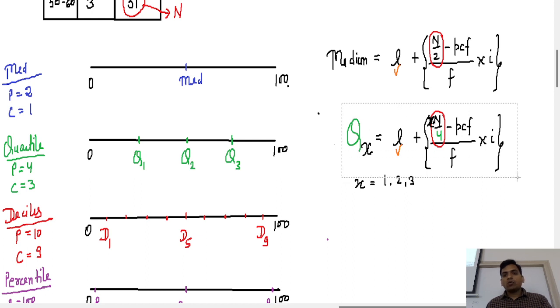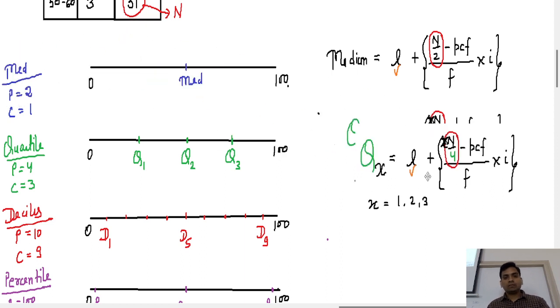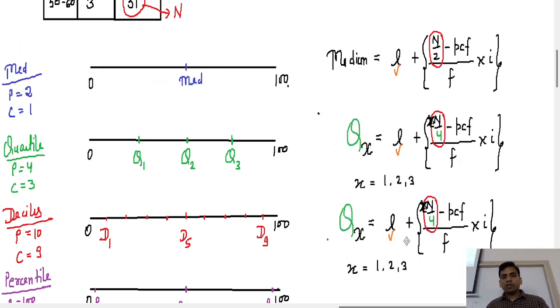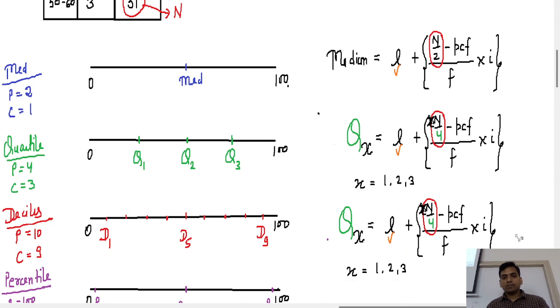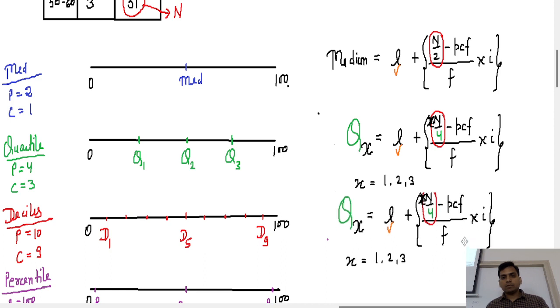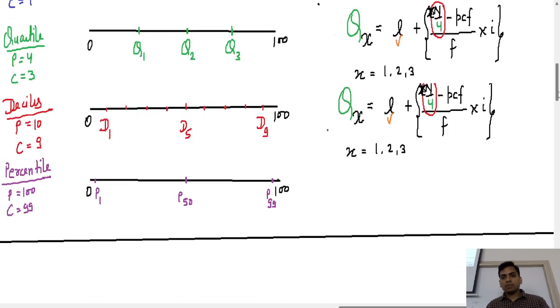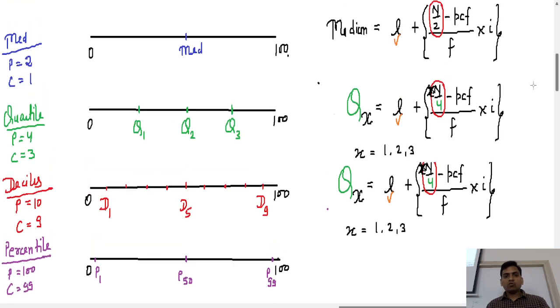So now we will see next. Next is decile.